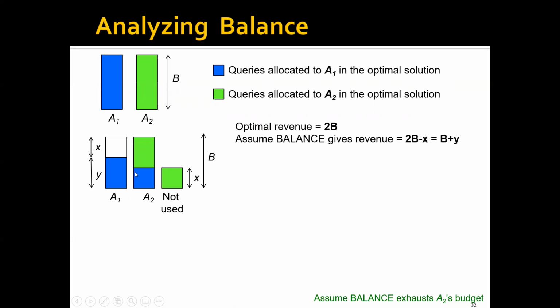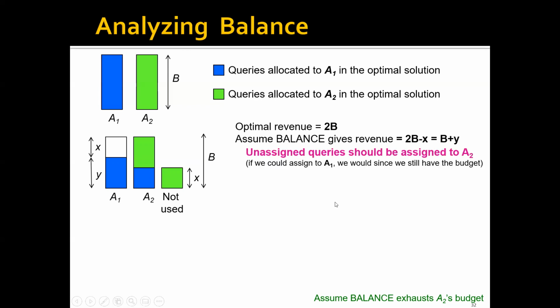So basically, we say that A2 has already exhausted its budget, and we also say that we assign X queries fewer than the optimal solution. So X is here. So basically, we assign only Y queries to A1 here. Then notice that the unassigned queries should be assigned to A2. Why is this?